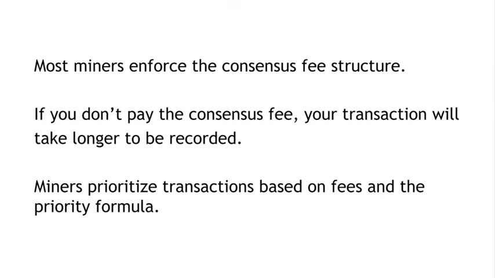So if you make a transaction that doesn't meet the fee requirements, it will probably find its way into the blockchain anyway. But the way to get your transaction recorded more quickly and more reliably is to pay the consensus fee. And that's why most wallet software and most payment services include the consensus fee structure in the payments that go on. And so you'll see a little bit of money raked off for transaction fees when you engage in everyday Bitcoin business.